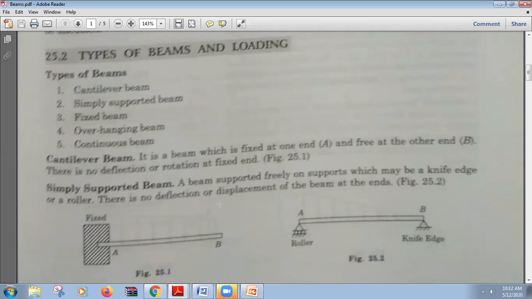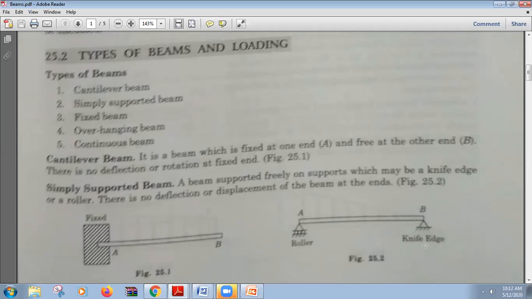Second is the simply supported beam. A simply supported beam is supported from both sides. Vertical support from both sides is there, but at one end it is a roller support and at the other end it is a knife edge support. A roller support is based on rollers, and a knife edge support is a pinpoint support, which gets a vertical reaction from the support.